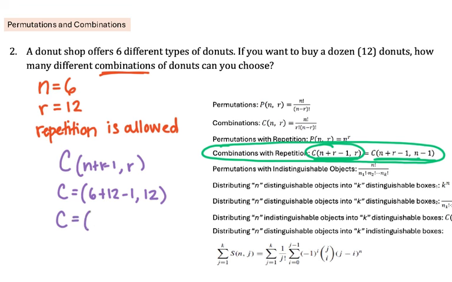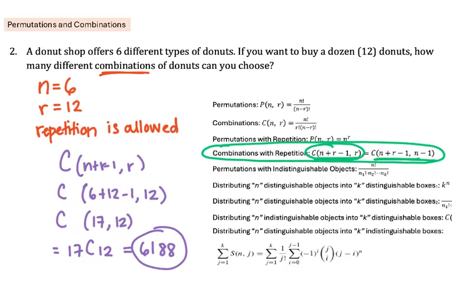So that is 17 choose 12. Another way to write it is C(17, 12). And we get a final answer of 6,188 different ways to put 12 donuts in a box when we're choosing from 6 different types.